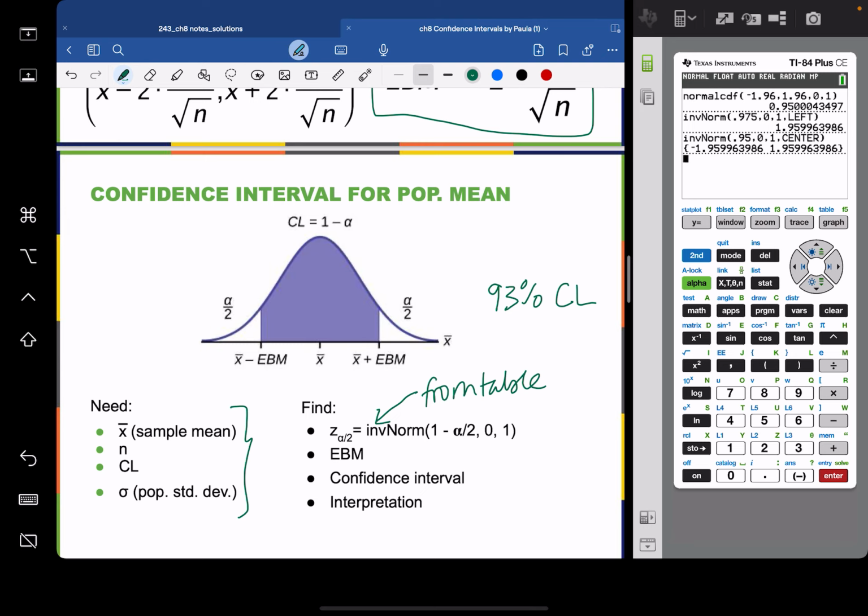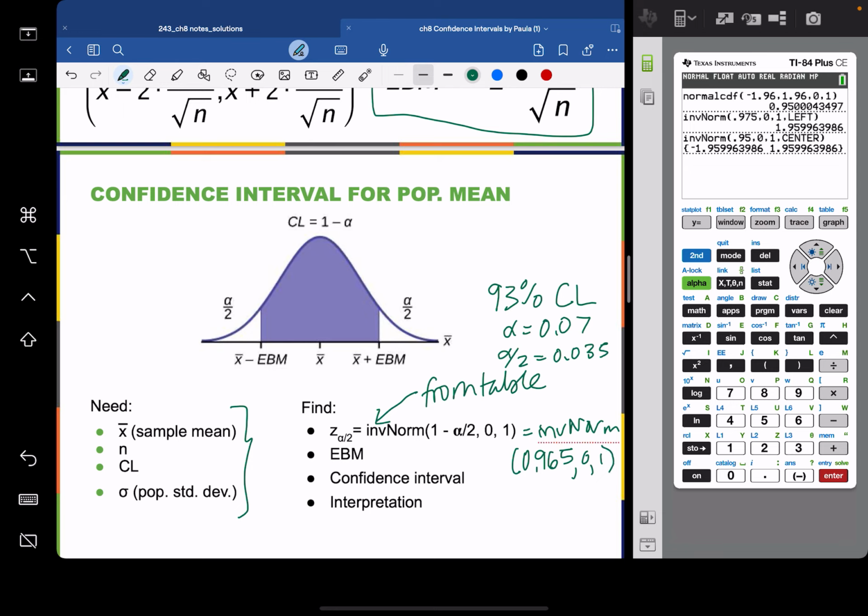For this one, alpha would be 0.07, alpha over 2 would be 0.035, and then you would do 1 minus that, so that would be inverse normal of 0.965, 0, 1, and then boom, you'd have your z-score.